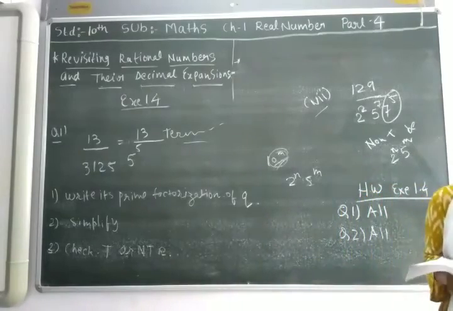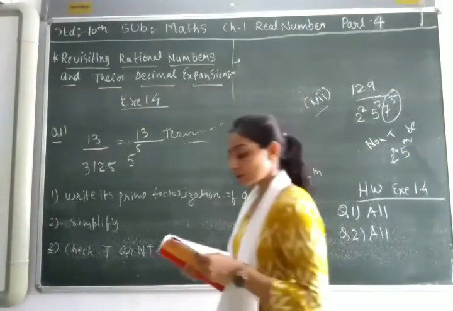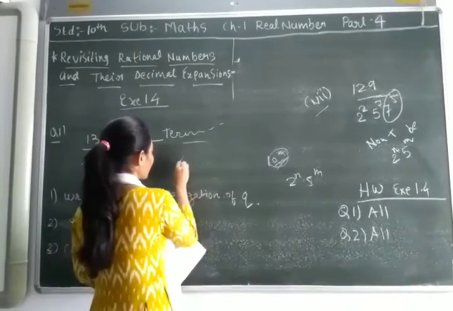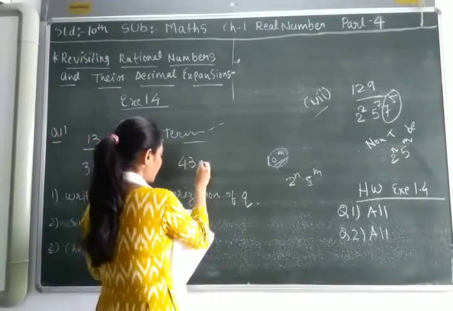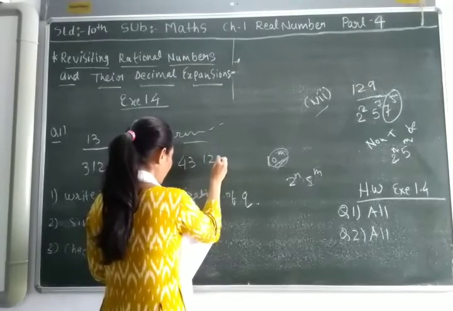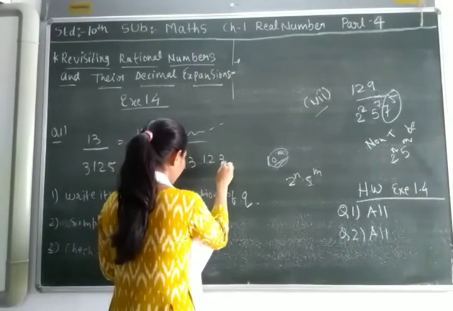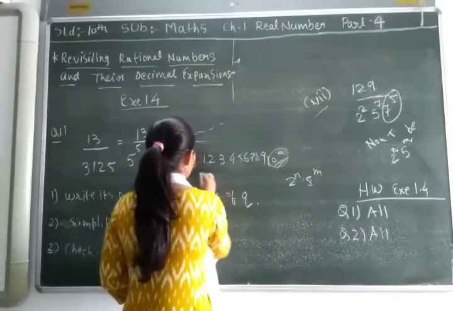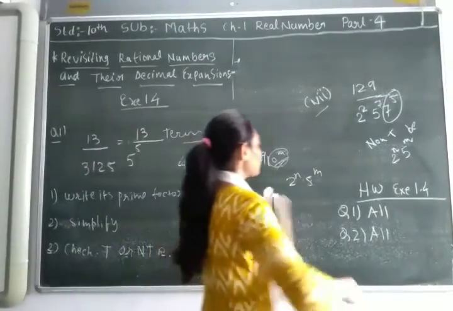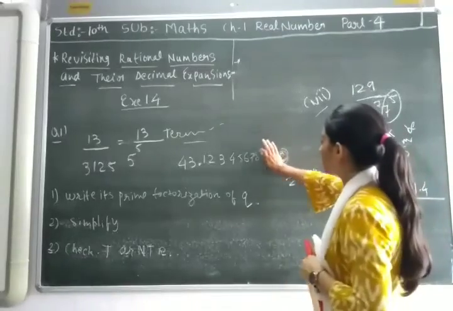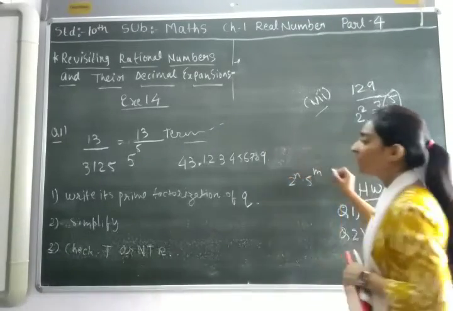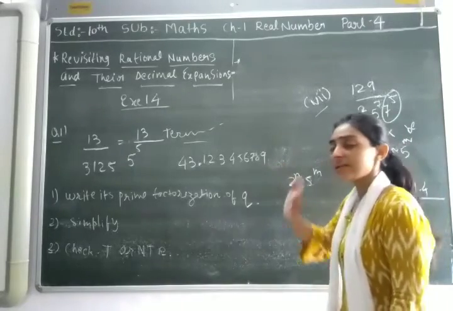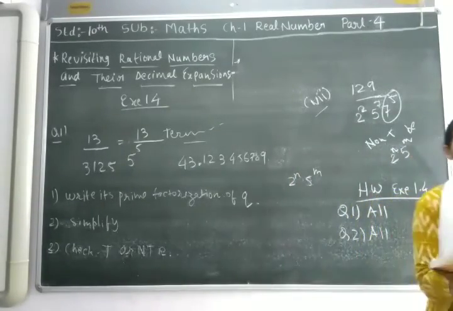My first number is 43.123456789. There is no dot given over here, which means it stops here. So we can say it's terminating.